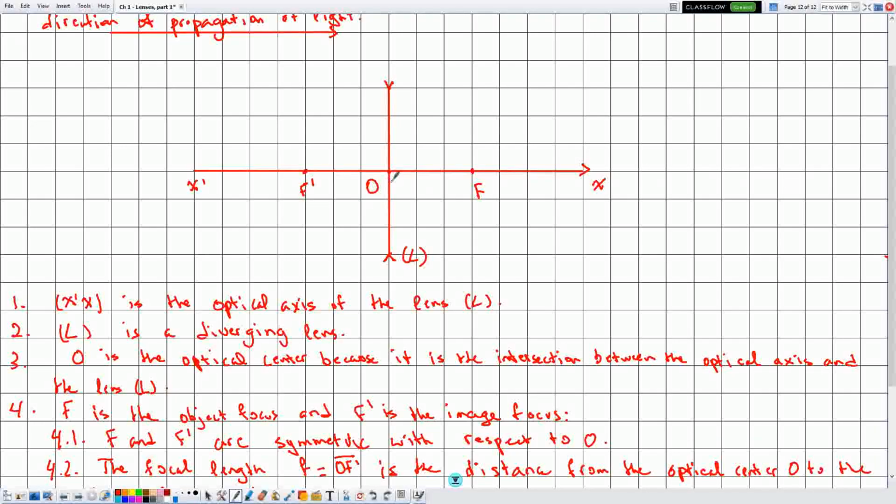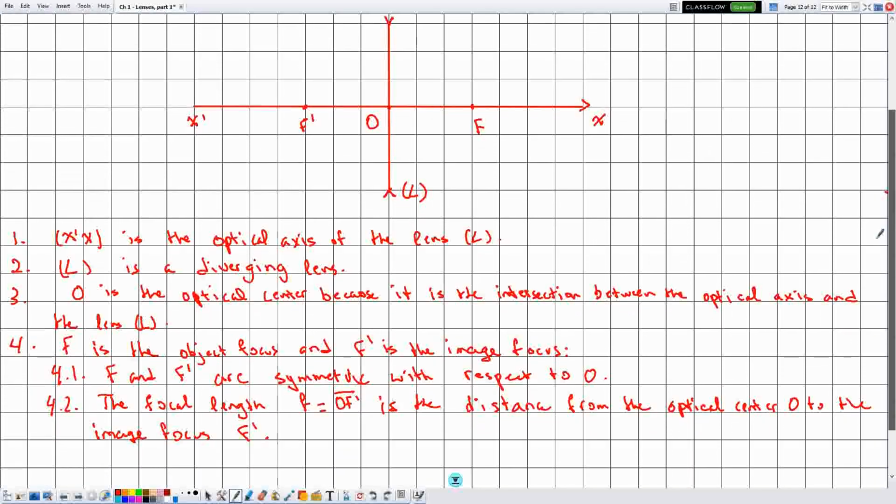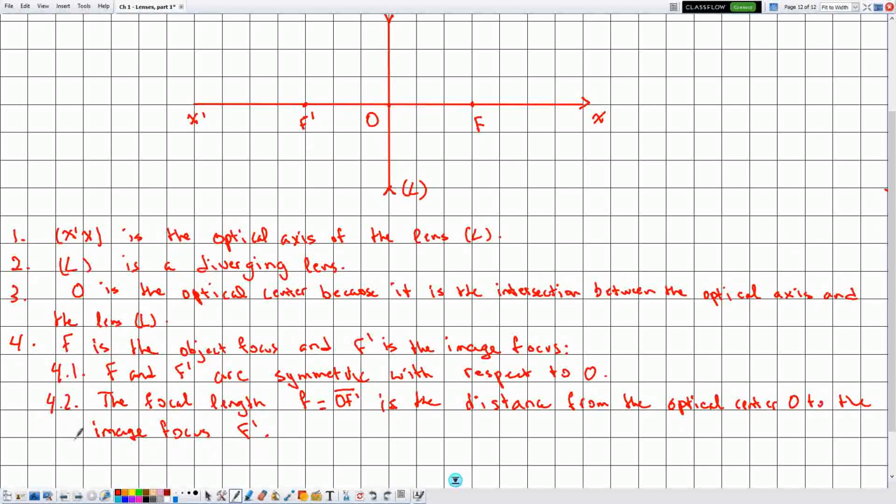Therefore the focal length of a diverging lens is negative and not positive, and this is a property which distinguishes a diverging lens from a converging lens. So 4.3: for a diverging lens the focal length is negative.